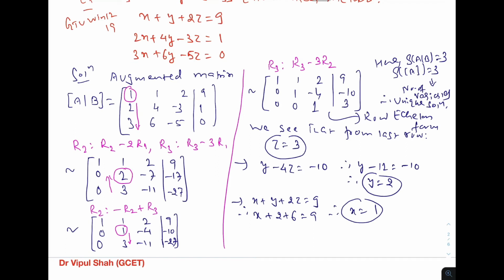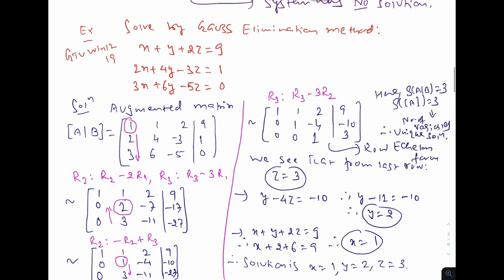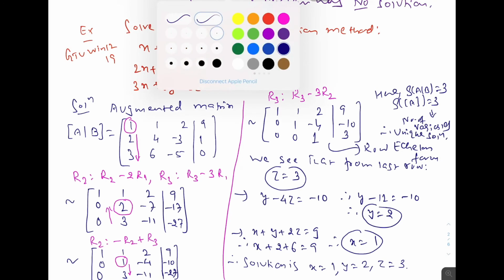Okay, so the solution is x equal to 1, y equal to 2, z equal to 3. You can verify your answer by plugging those values of x, y, z in any of these equations, and you can see that the left side and right side become equal. Okay, let us take one more example.